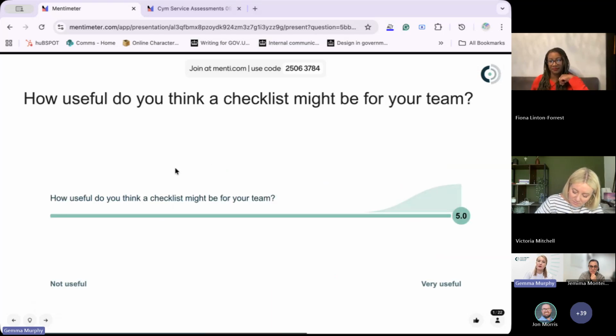So how useful do you think a checklist might be for your team? Not useful, very useful. I don't know what people's thoughts are there. And we've got very useful in Welsh. Diolch for the Welsh responses as well. 14 out of 22 people have responded so far.